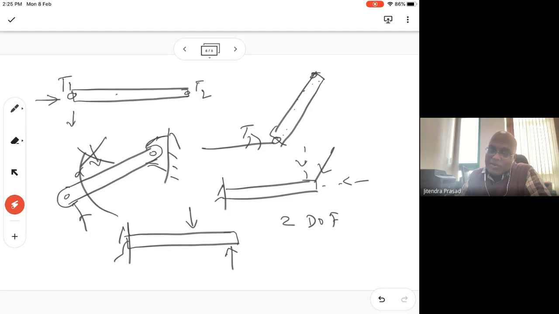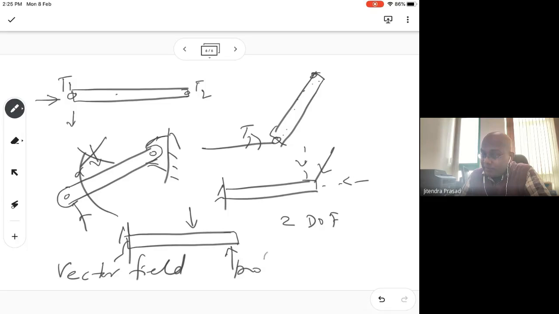So basically in this case everything is a function of x only, but there are different kinds of things at those. So you also call it a vector field problem, meaning that your domain is just x, a one dimensional domain.